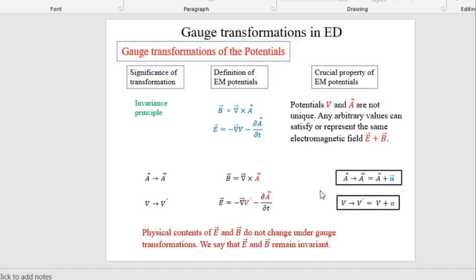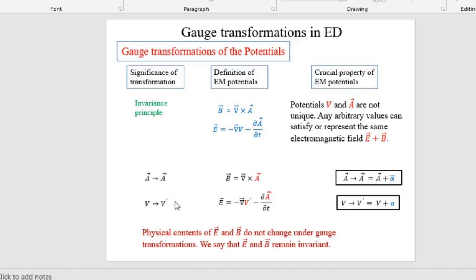In other words, we have transformed the potentials from some old values to new values, from A to A prime and V to V prime, and we call these transformations gauge transformations.